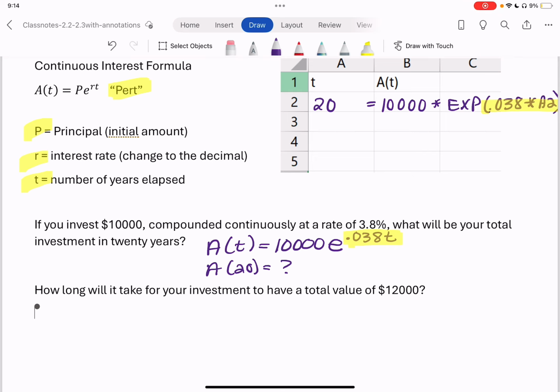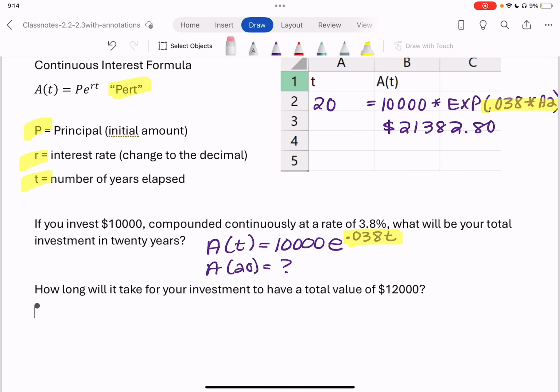All right, so let's see, what do you get there? I believe you would get $21,382.80. So that's what you would have in there in 20 years, okay? And then the second part says, how long will it take your investment to have a total value of $12,000?